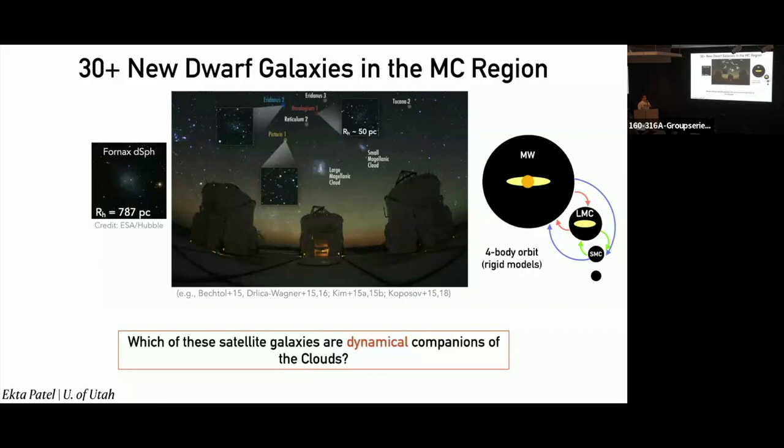When I say shared orbital history, I don't mean just visually, but also orbits that imply these galaxies have made a pericenter within the tidal radius of the LMC, suggesting that they've been gravitationally dominated by the LMC, and also have a velocity that implies that they have been bound to the LMC.